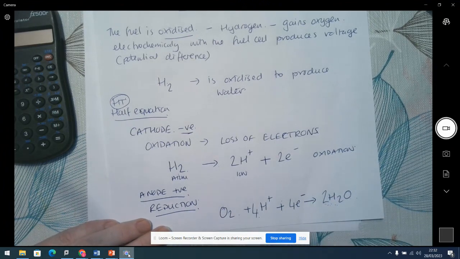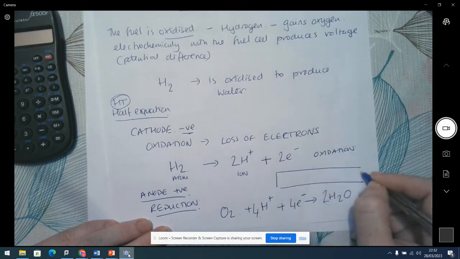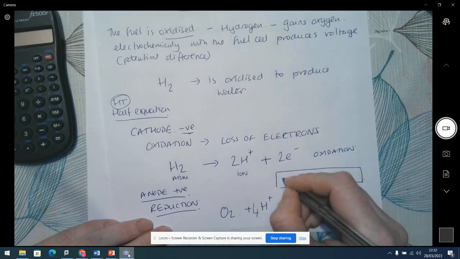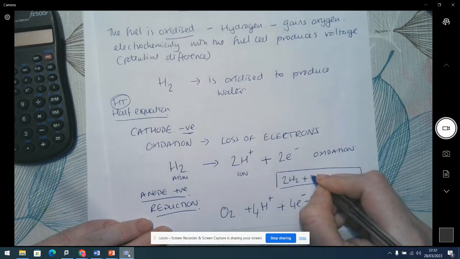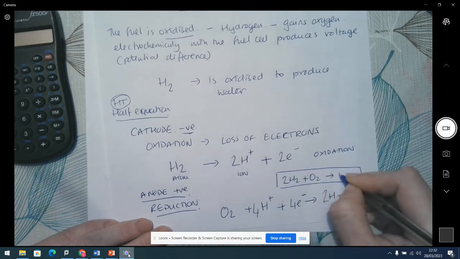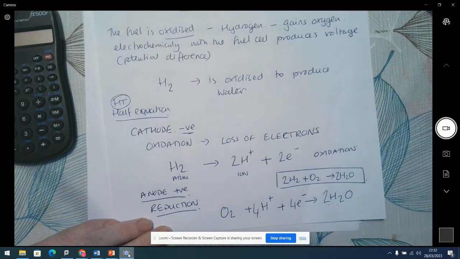And that is why it's been reduced, because it's gaining electrons to allow it to form the molecule water. So we can actually write that equation a bit more simply, where we have two hydrogens reacting with oxygen to give us two water molecules.